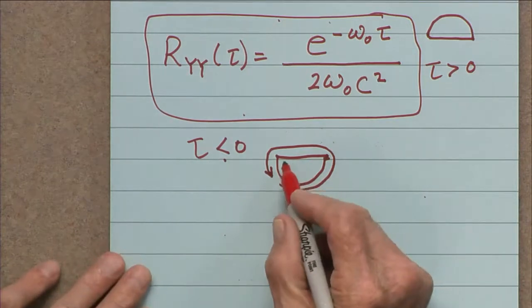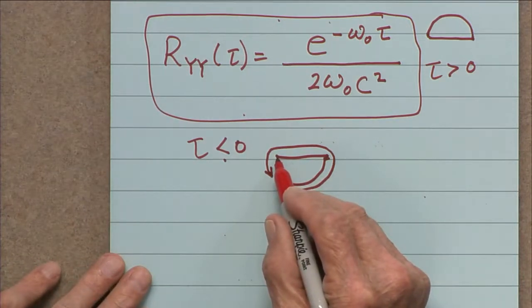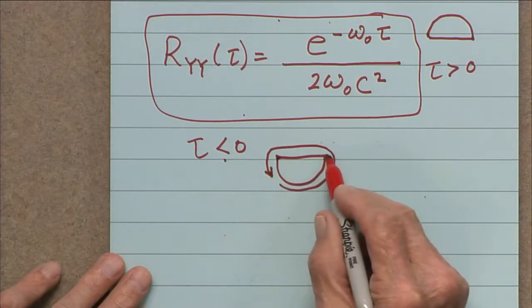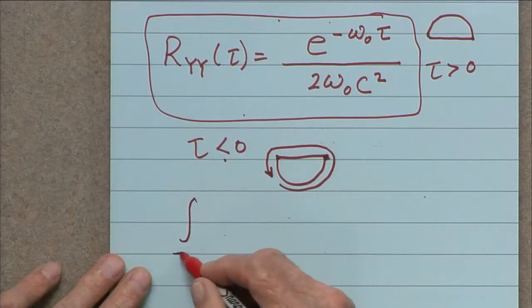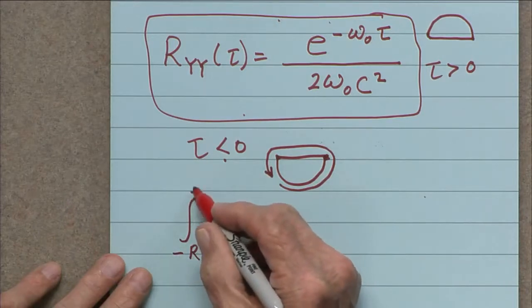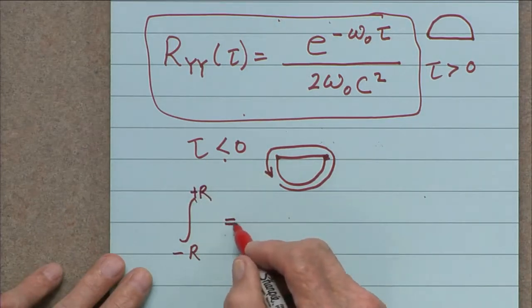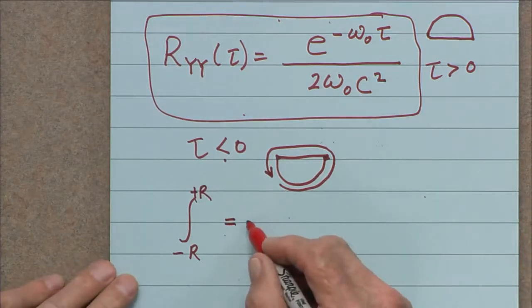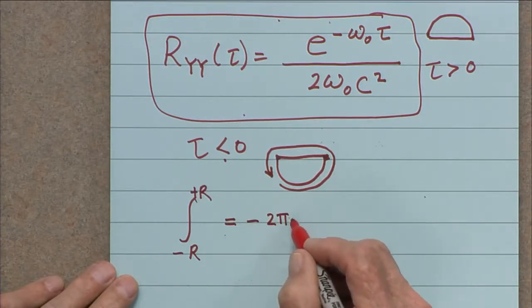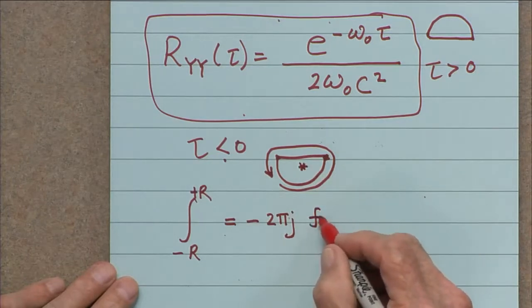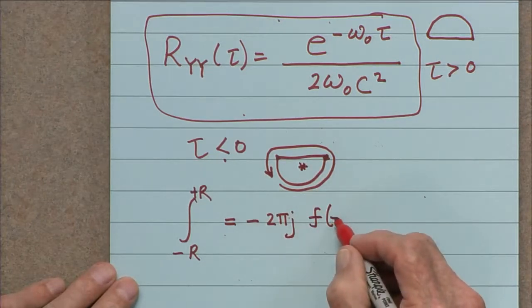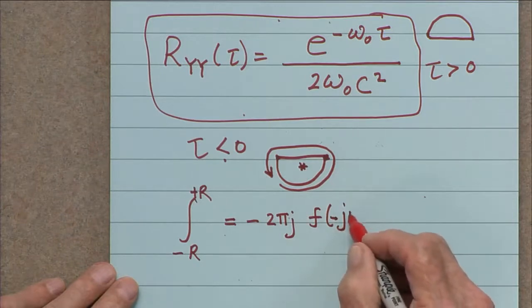So that means the integral from this point to that point, in this case, in this contour, integral from minus r to plus r is equal to minus 2 pi j times f at minus j omega 0.